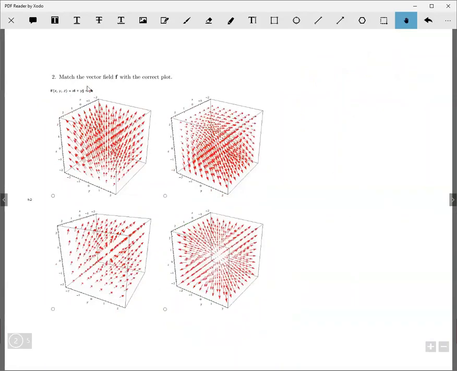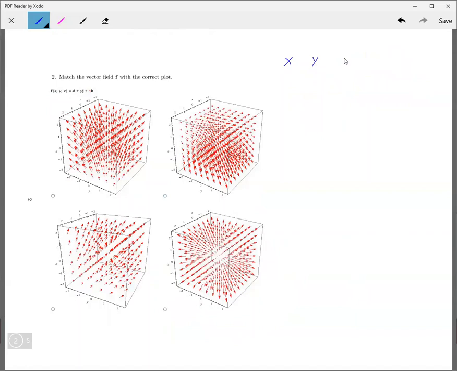Here, this is the same thing except it's 3 dimensions. So the same kind of approach, except now we have an X, Y, and a Z. This time, if we make them all 0, then we're going to get the vector 0, 0, 4.